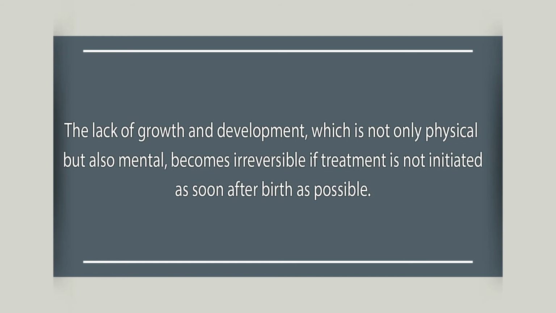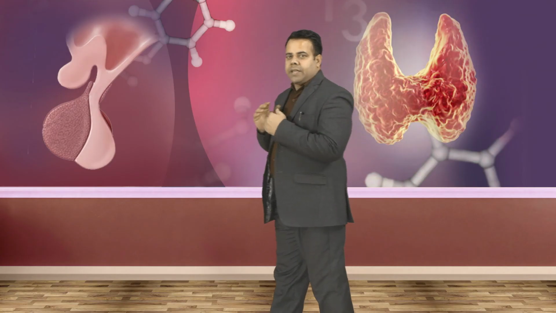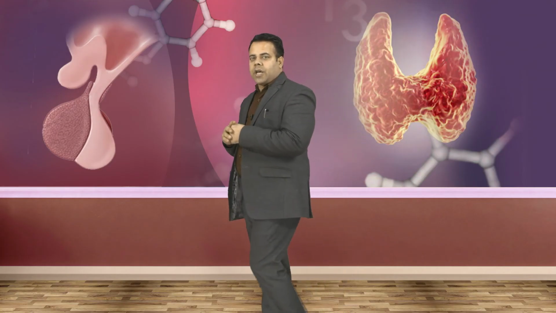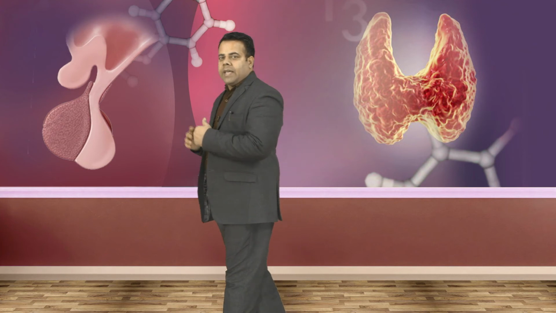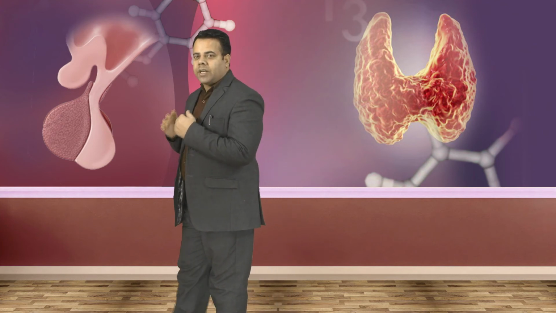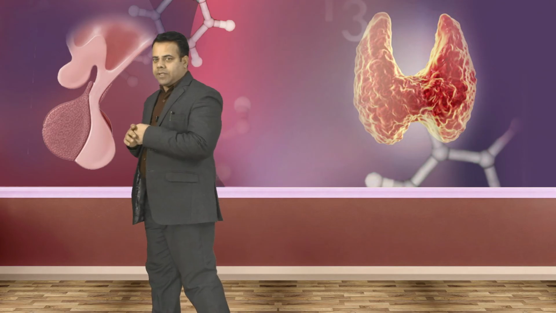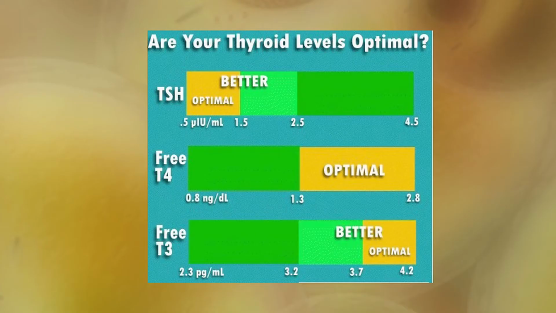The lack of growth and development, which is not only physical but also mental, becomes irreversible if treatment is not initiated as soon after birth as possible. Indeed, one of the first checks done on a newborn baby is the measurement of circulating T4 and TSH levels, because the condition is eminently treatable nowadays.